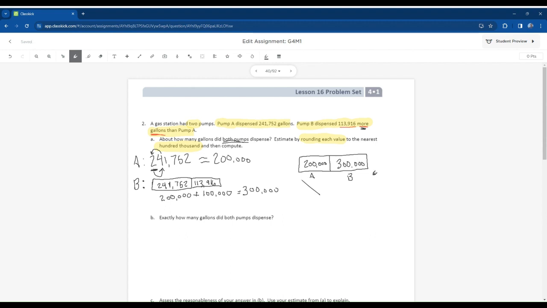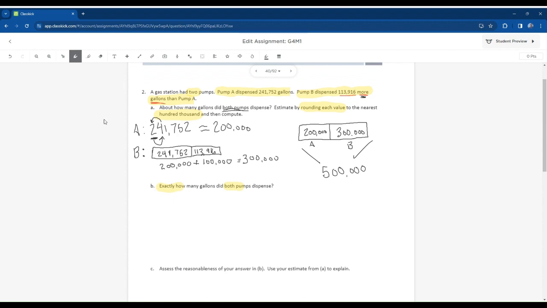And to put those together, we would have about 500,000 gallons between both pumps. Okay? Now, letter B says exactly how many gallons did both pumps dispense. So again, same process that we just did in part A, except we're using the actual amounts. We're not using rounded numbers in part B.